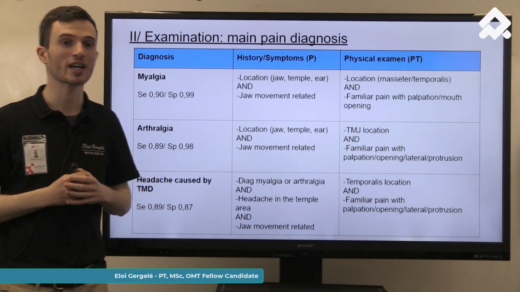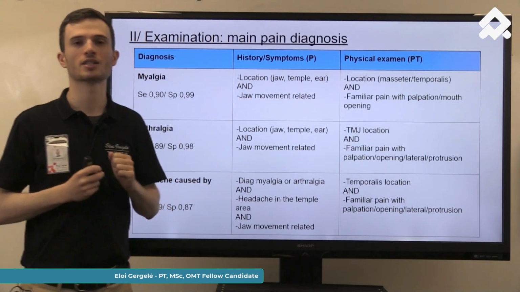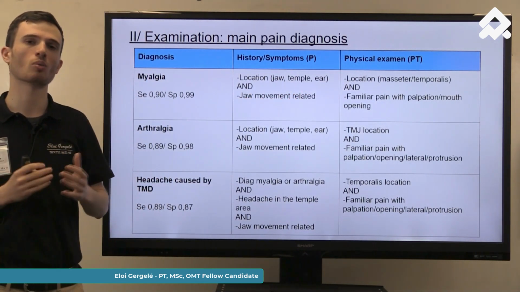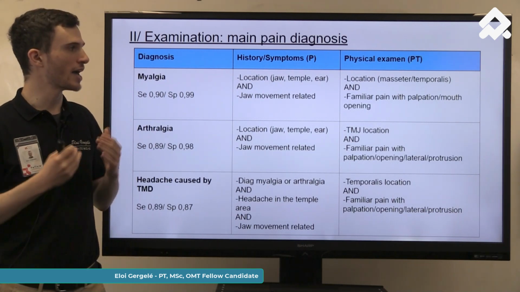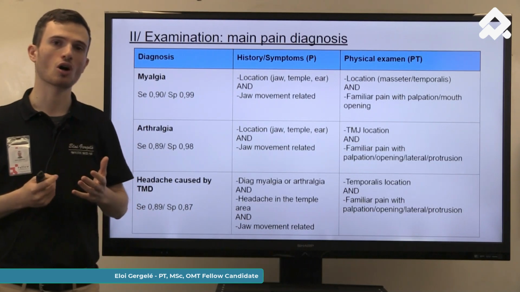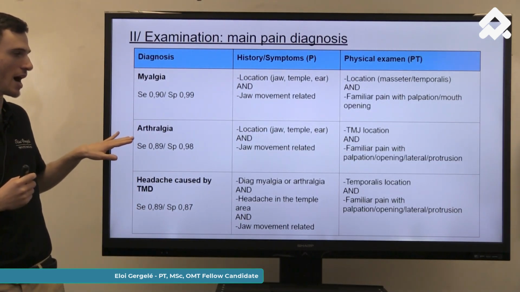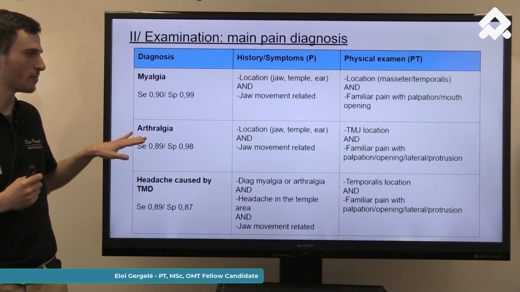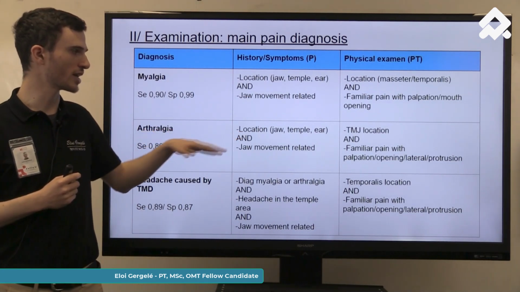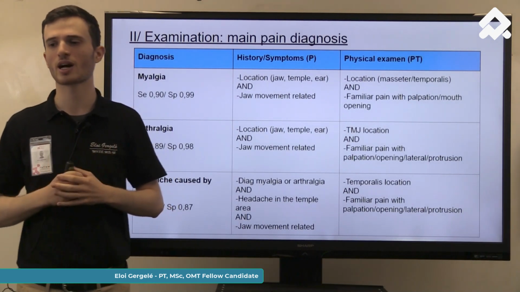During the physical examination, we are going to confirm that the pain is in the masseter or temporalis area, and we have to reproduce the familiar pain with palpation or mouth opening. Then we have arthralgia. The patient has to report that he has pain in the jaw, temple or ear area.